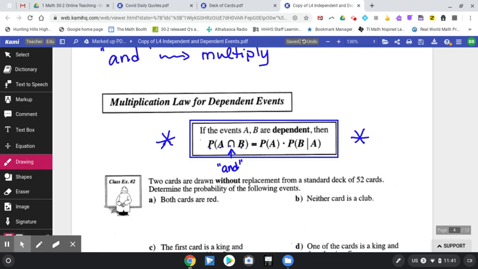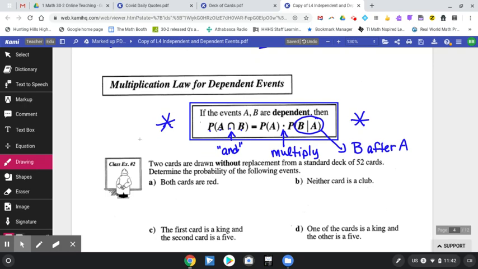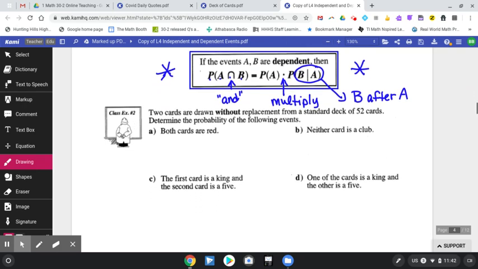We're going to take probability of A, we're going to multiply by probability of B after A has already occurred. Every time you're doing an and question, take it on with this strategy. Just probability of A times probability of B after A has already happened. Whether you're looking at dependent or independent, this one will save you in both cases.